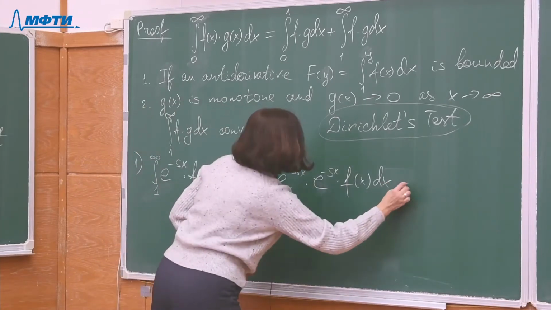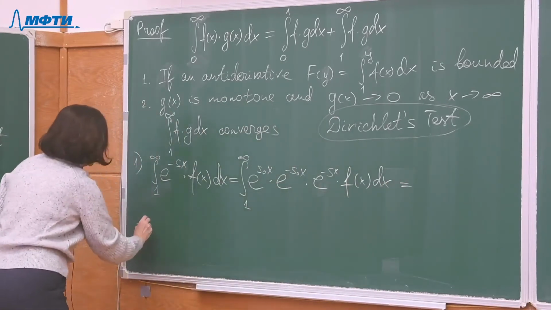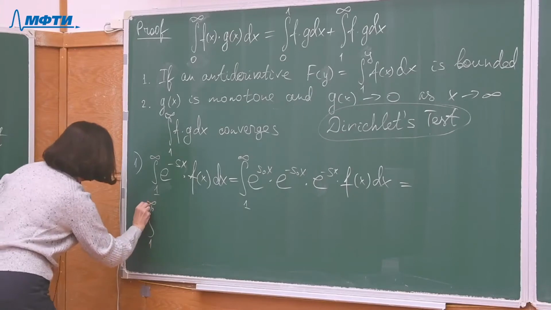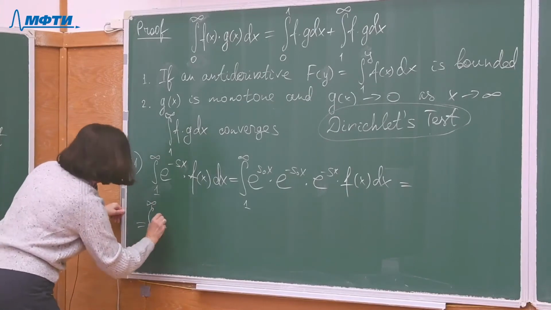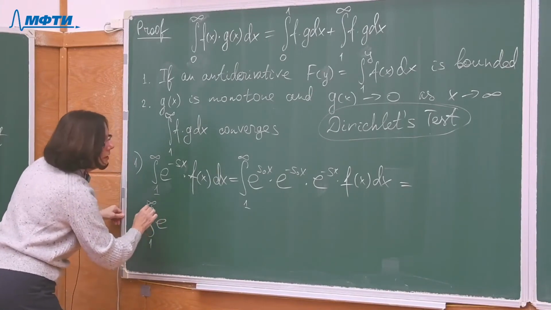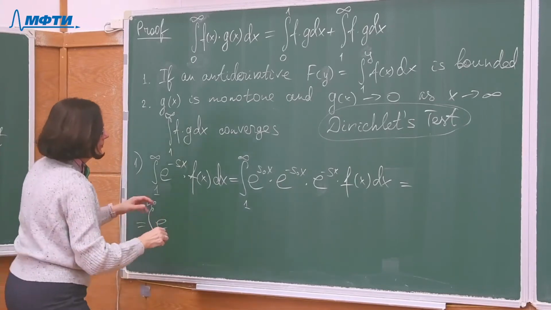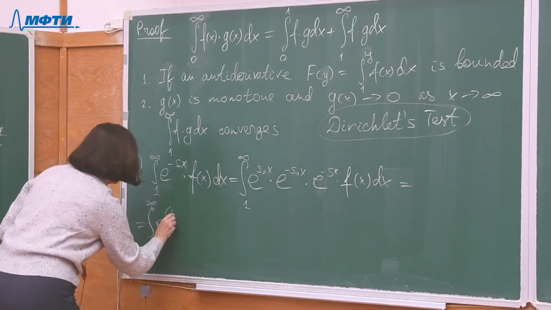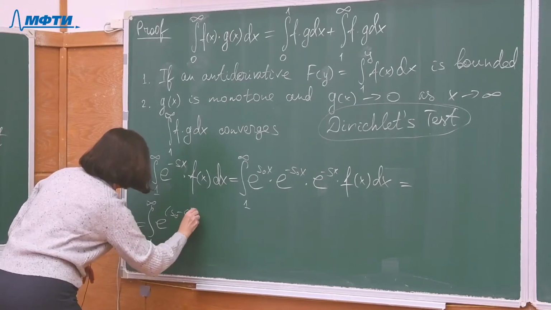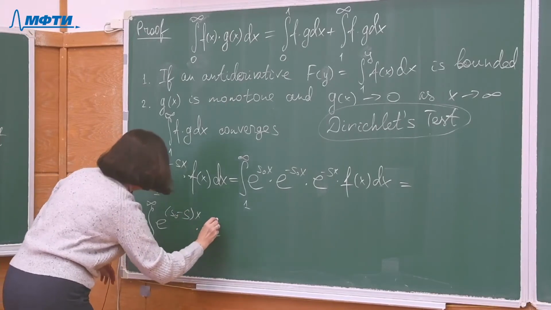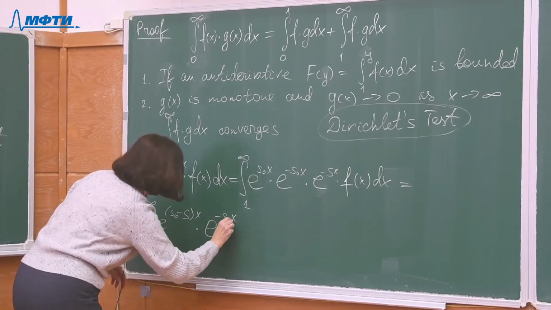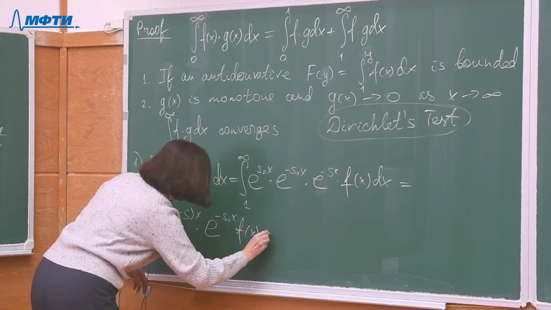Okay, well, it can be rewritten as the integral from 1 to infinity e to the power s0 minus s times x times e to the power minus s0x f of x dx.